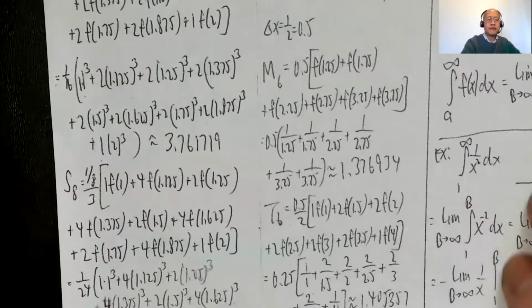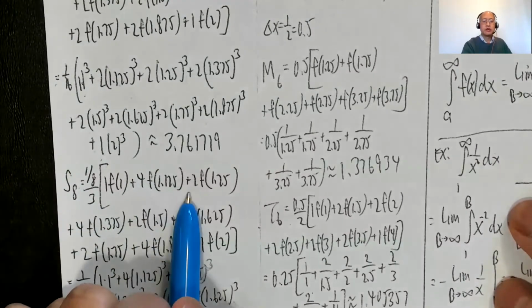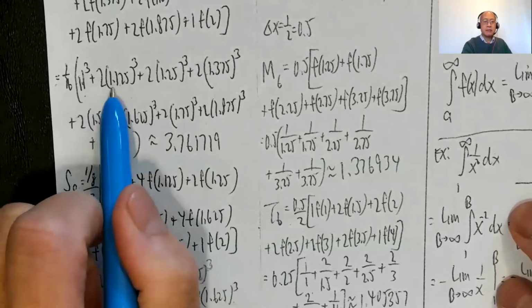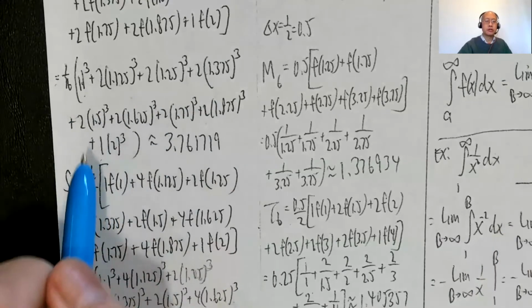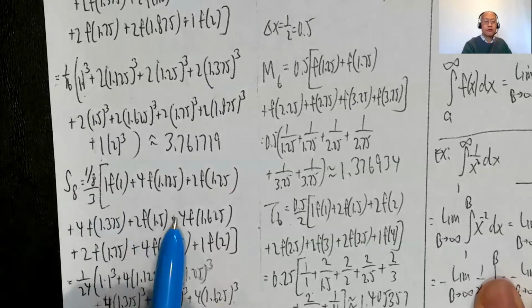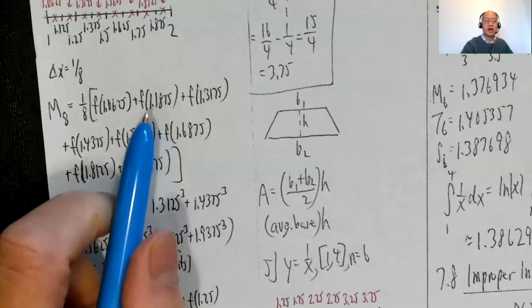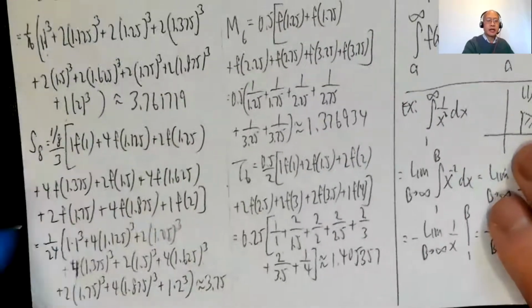So 1 times f of 1, then 4 times f of 1.125, then 2 times f of 1.25. It's the same values as all these, except the coefficients are different. 4, 2, 4, 2, 4, 2. Finally, 4 f of 1.875, the second to the last one. And then now that I reached the end, it's 1 times f of 2.